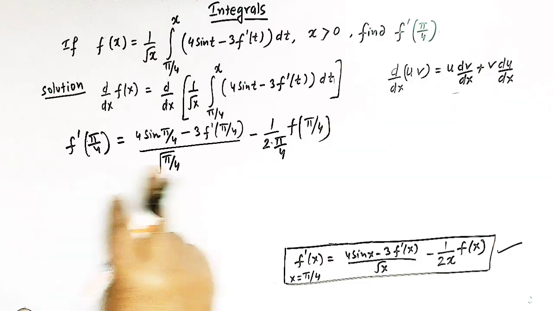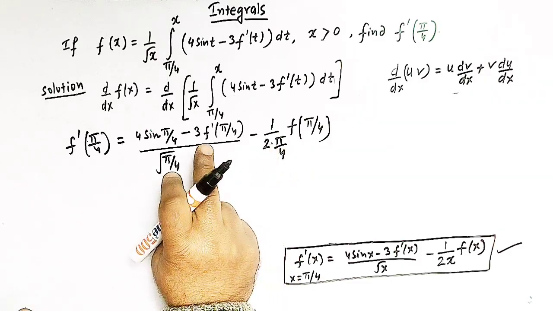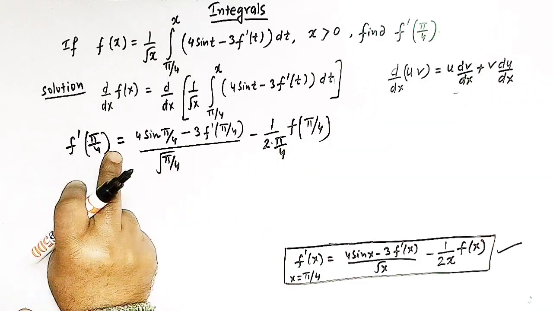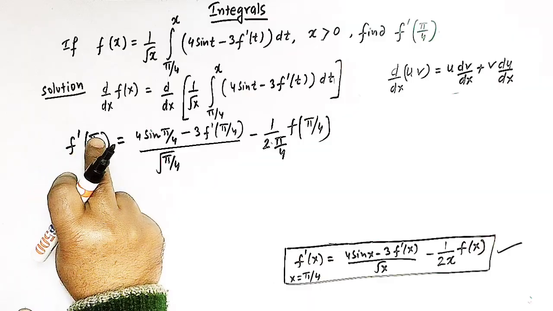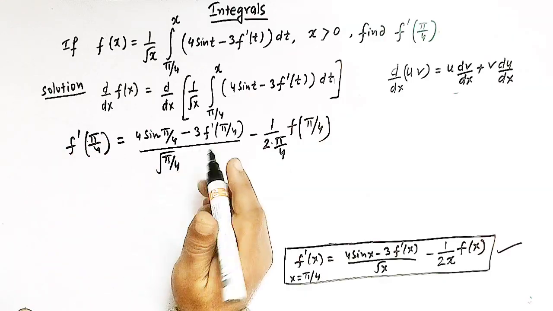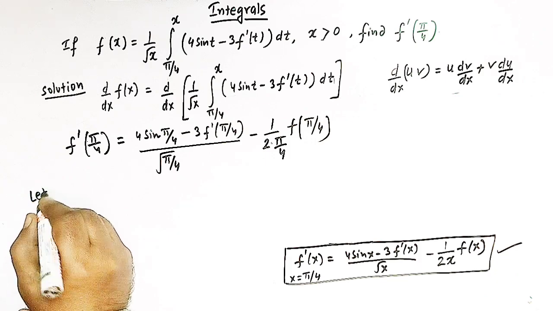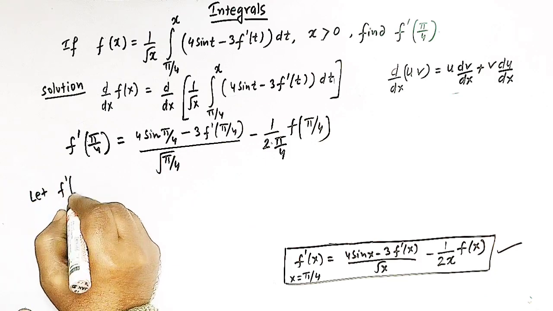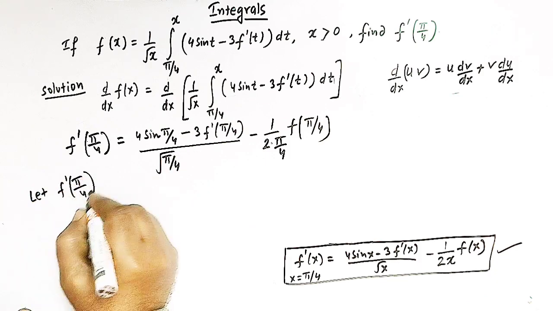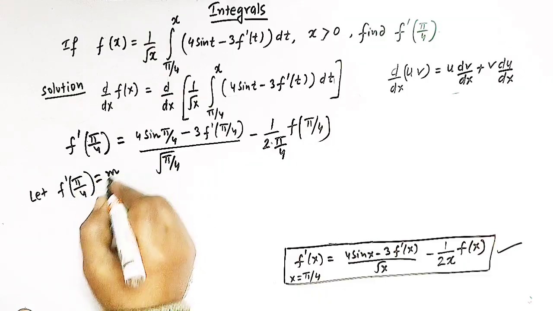Okay, so now here we can easily see that in the left hand side we have f prime of pi by 4, and here also we have f prime of pi by 4. So let us take f prime of pi by 4 as say m, right?